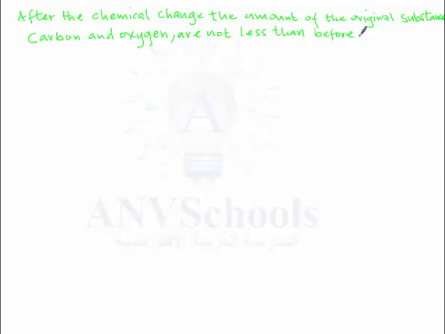Maybe we will take a simple example to make things clear here. You have magnesium metal, which is a solid, plus oxygen, which is a gas. Then they react to form magnesium oxide, which is a solid.